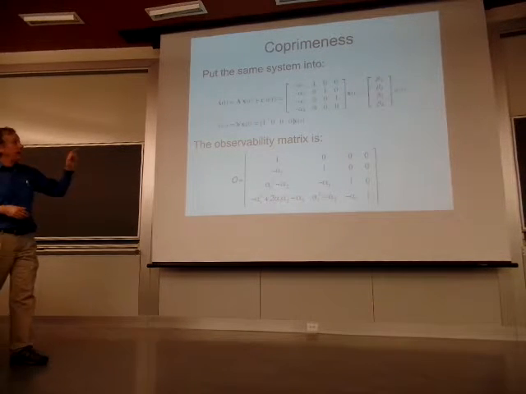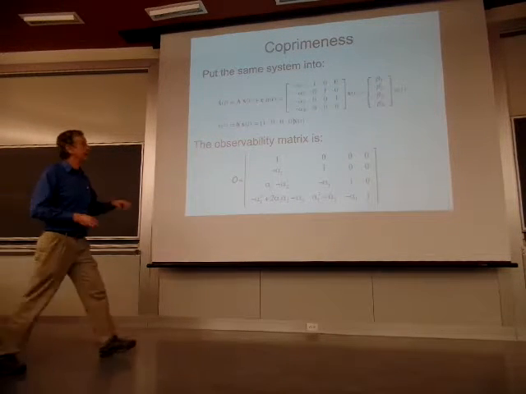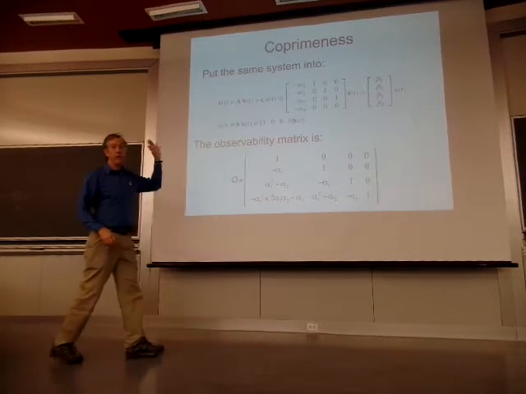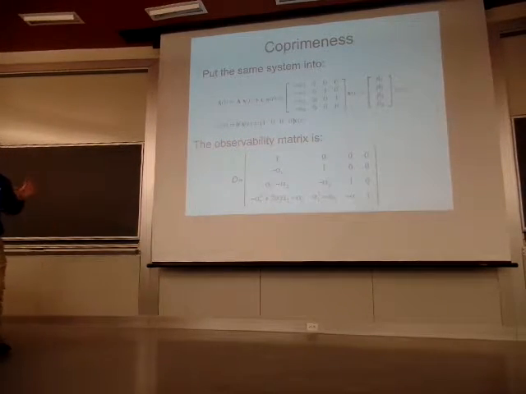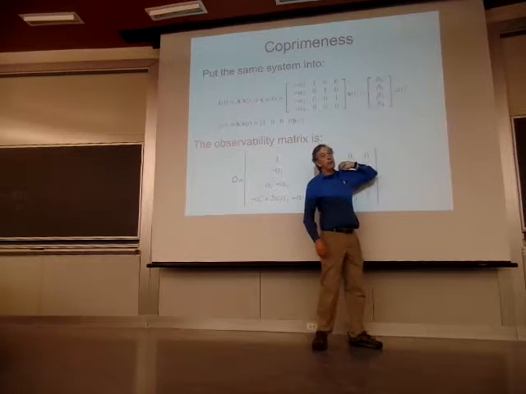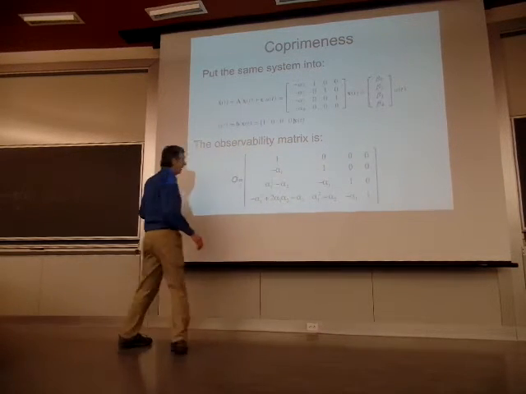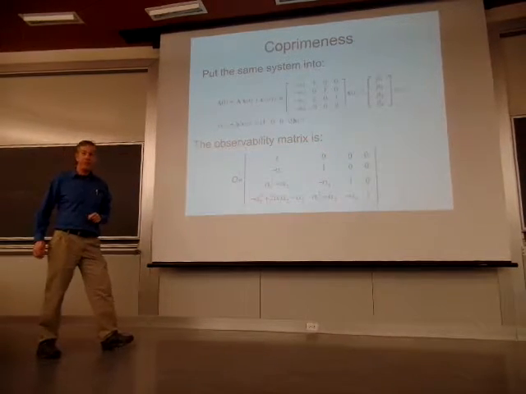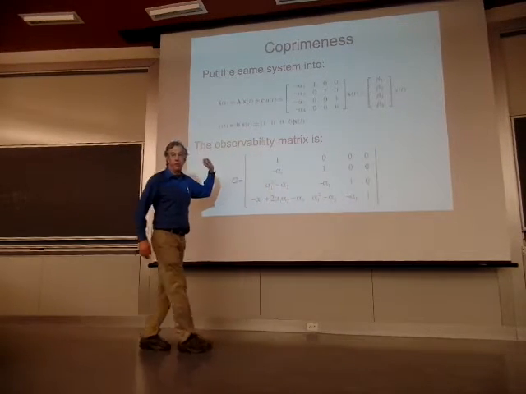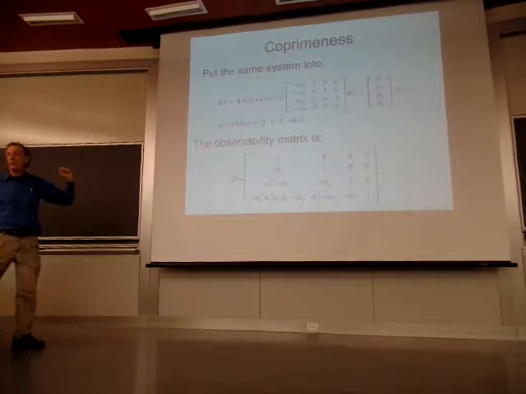It's the same thing in observable form. So this is the so-called canonical observable form, where we have all the coefficients of the characteristic polynomial now in a column, not a row. All of the zero terms end up in the B matrix. And if I look at the observability matrix, the same kind of pattern shows up: a diagonal of ones.